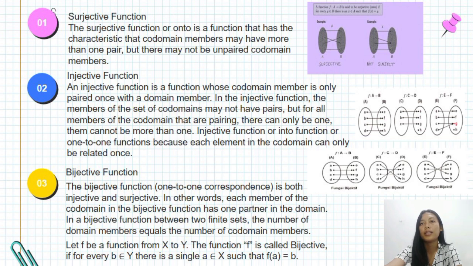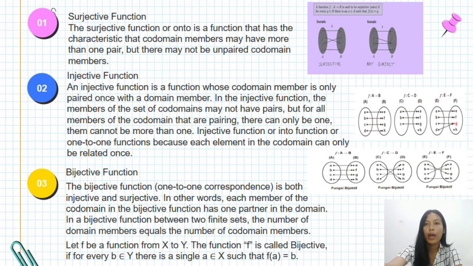And the last, we have the bijective function. The bijective function, or one-to-one correspondence, is both injective and surjective. In other words, each member of the codomain in the bijective function has one partner in the domain. In a bijective function between two finite sets, the number of domain members equals the number of codomain members.